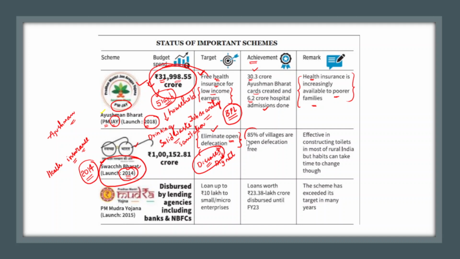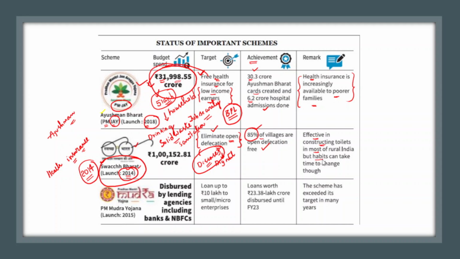Now the achievement of this program is that around 85% of the villages so far have been declared open defecation free. This is considered a major achievement of the government. If we talk about the major remark of this Swachh Bharat Abhiyan, it is effective in constructing toilets, not just personal toilets but also community toilets in most of these rural areas.